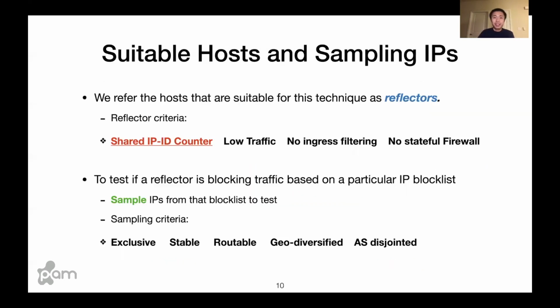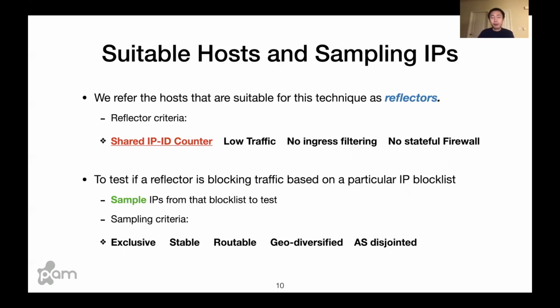With the technique set, you can see that this will only work on certain types of hosts. We refer to hosts that are suitable for this technique as reflectors. And there are 4 criteria: shared IPID counter, which is the side channel, low traffic, no ingress filtering, and no stateful firewall.